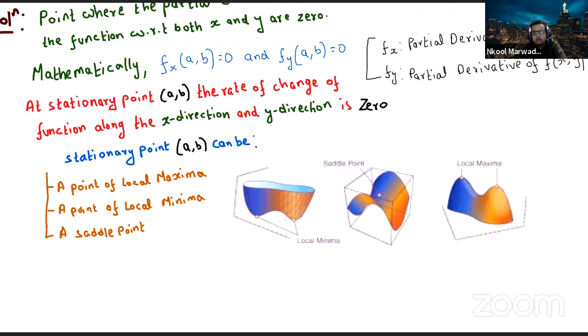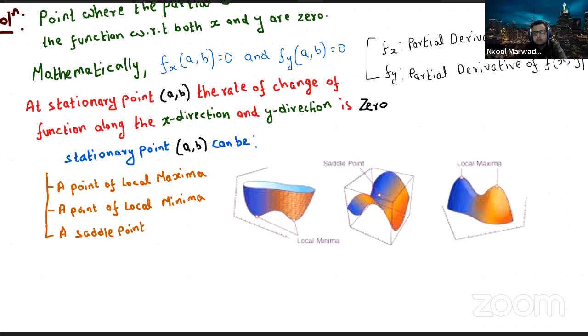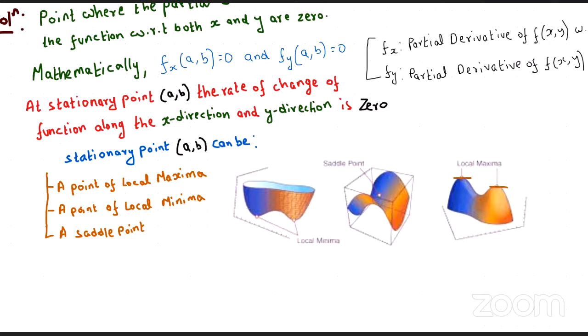In local minima, the function reaches a trough or a dip, and in the local maxima, at that point the slope is zero, but a maximum is reached, a peak is reached, and then we will go down, isn't it?